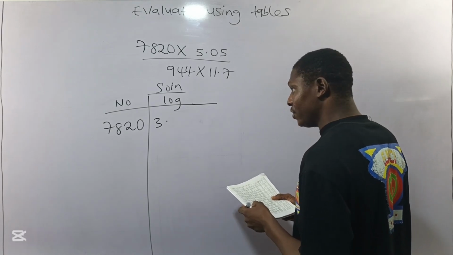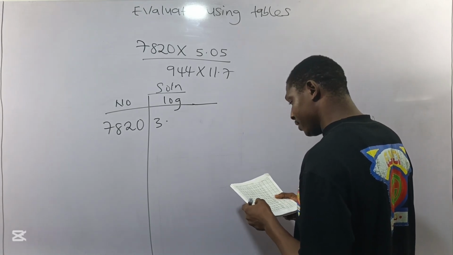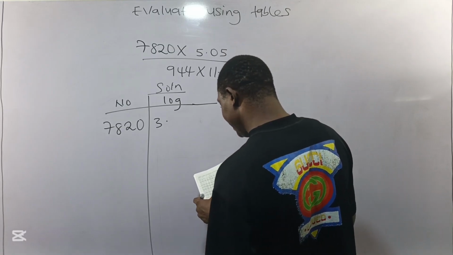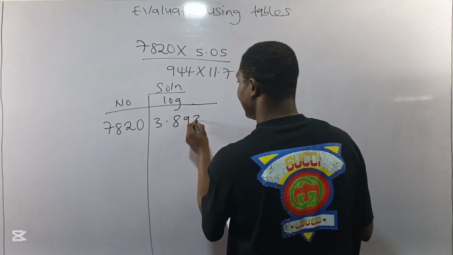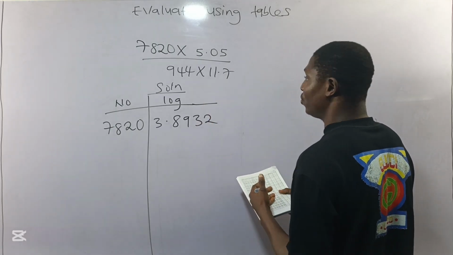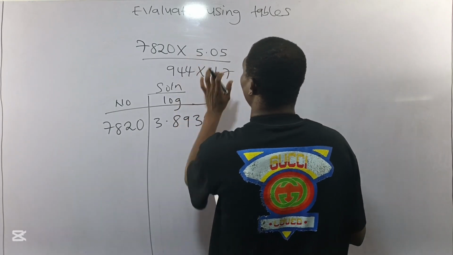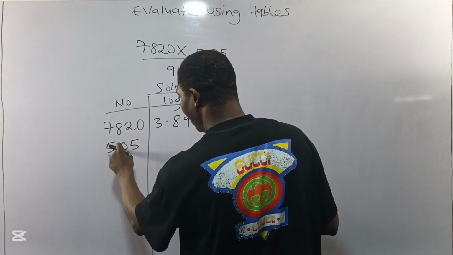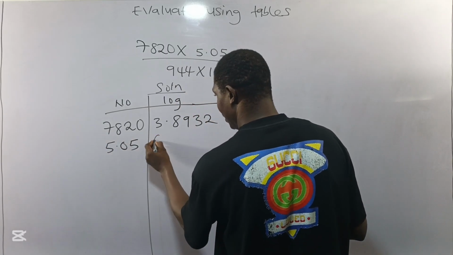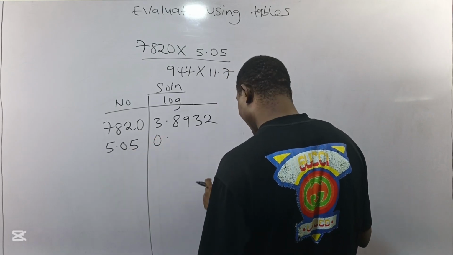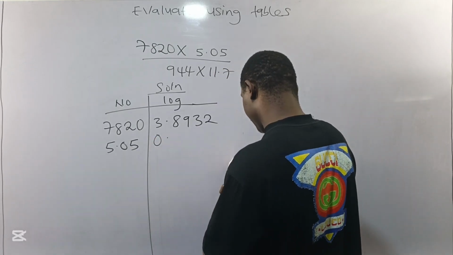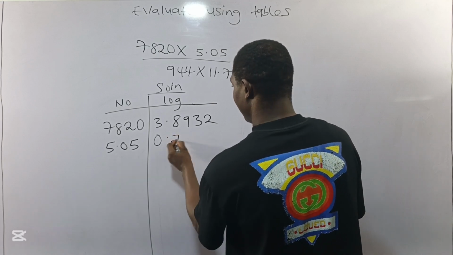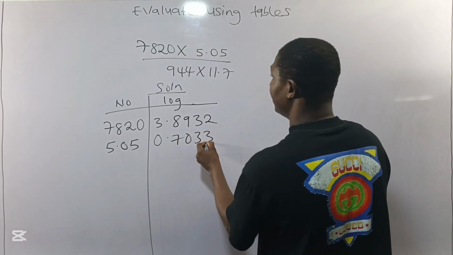And I'll have 78 under 2, which is 8932. Difference 0, there's no difference, so we neglect it. Next, we have 5.05. 1 digit before the decimal. 1 digit minus 1 digit will give me what? 0. So I have 50 under 5, which will give me 7033.